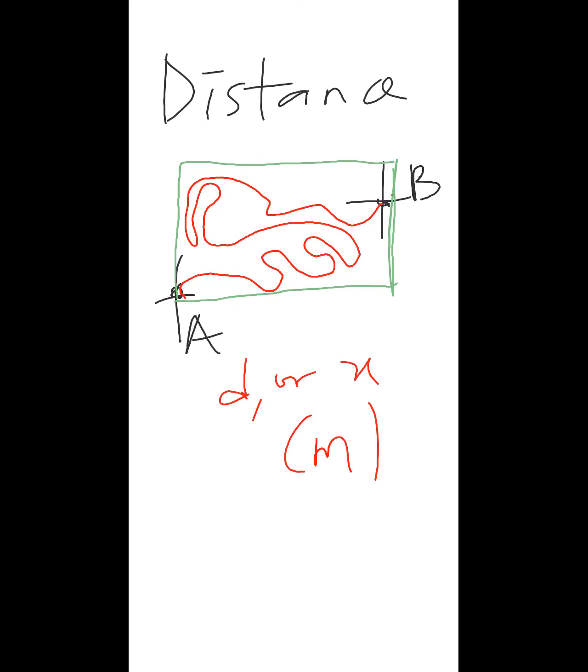We are only using that area as a demarcation of the limit to which you can move. Whenever you are moving, it can be any part of this area that you cover in moving from point A to point B. And that is why distance is also measured in meters.